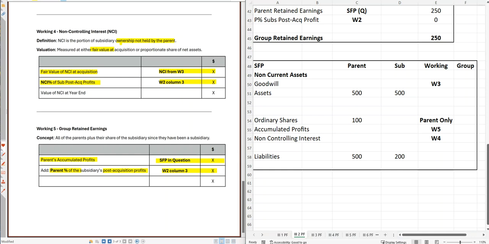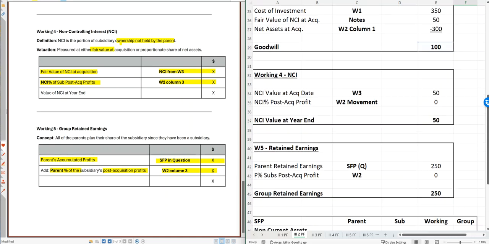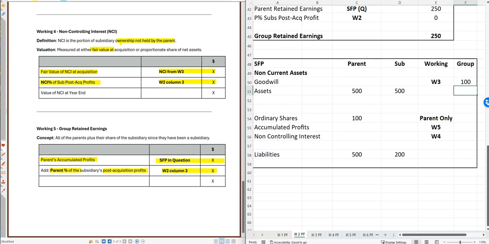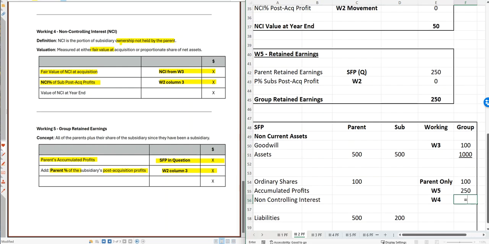Right, let's finish this off together then. So working 3, I'll just link that into the goodwill there. The assets I will add across, and we've only got these ones. The share capital is the parent only, which is 100. Working 5 for the retained earnings, I'll just link to the 250. And working 4 for the non-controlling interest is that one.